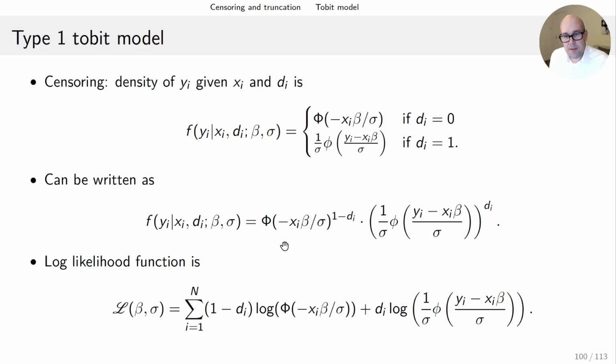And conversely, if di is equal to 1, this first part will be 0, and only the second part will remain. And the log likelihood function is then simply the log of this whole expression and then summed up over all observations.